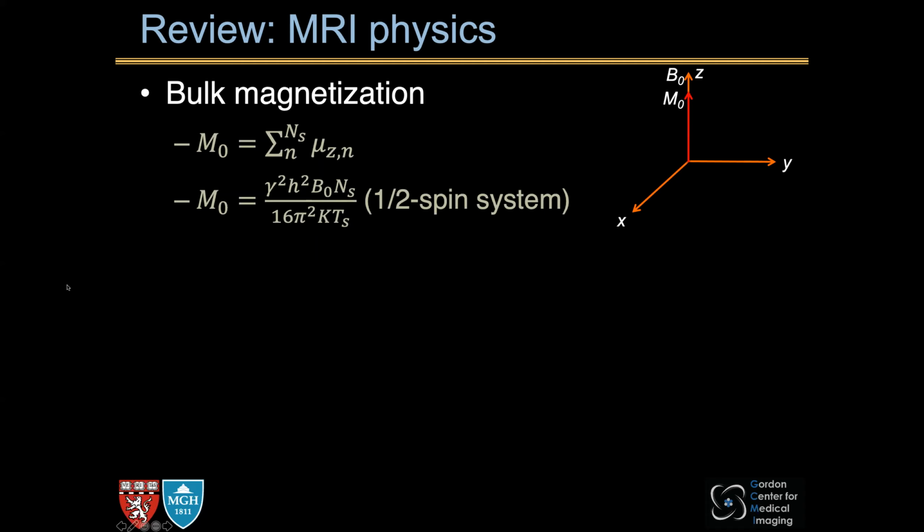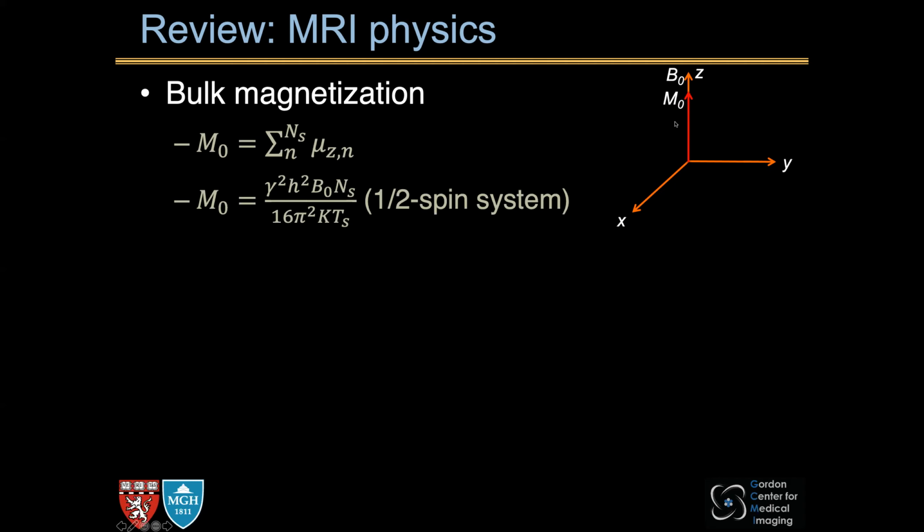At this equilibrium state, this bulk magnetization vector is simply parallel to the external field, and it produces only a very tiny static magnetic field on top of the main external magnetic field. We cannot detect this bulk magnetization directly as it is.